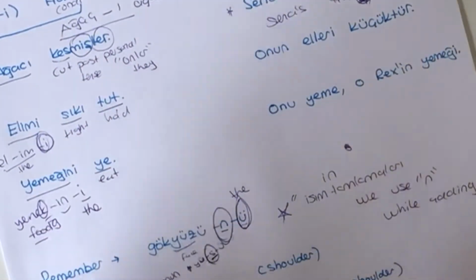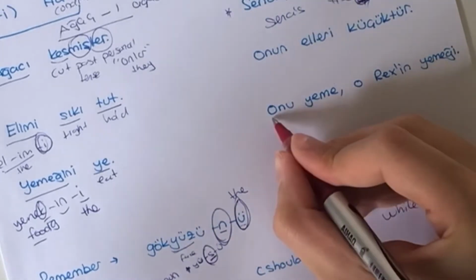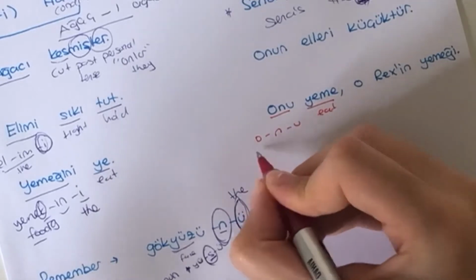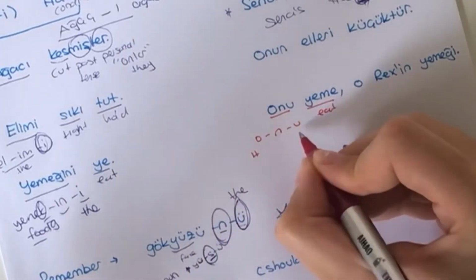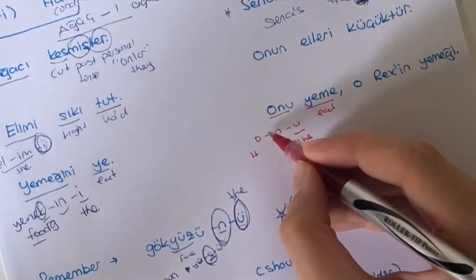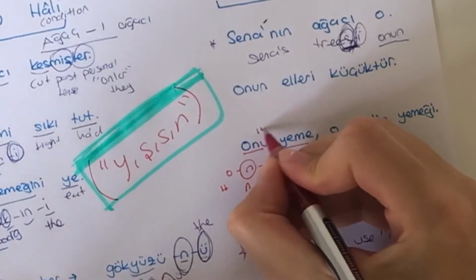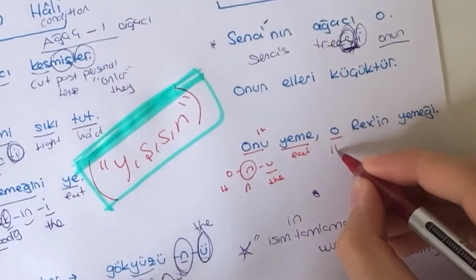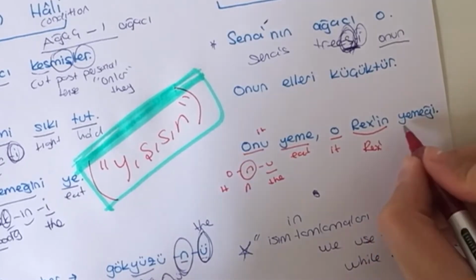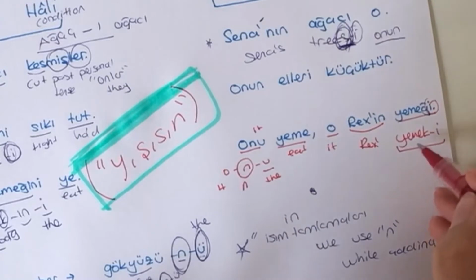Okay, and here is the other example that I forgot to check. Onu yeme, don't eat it. Onu, o, it, u, the. And we used N in between. Onu yeme, don't eat it. Reksin yemeği, yeme, ye, yemek, it's the food of Rex.